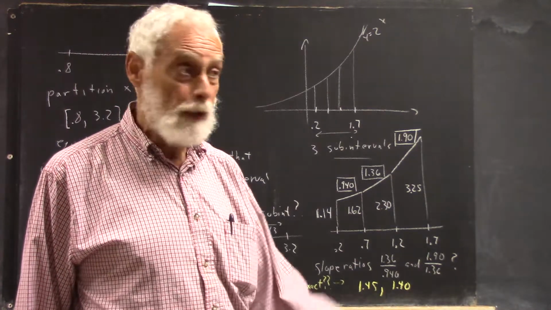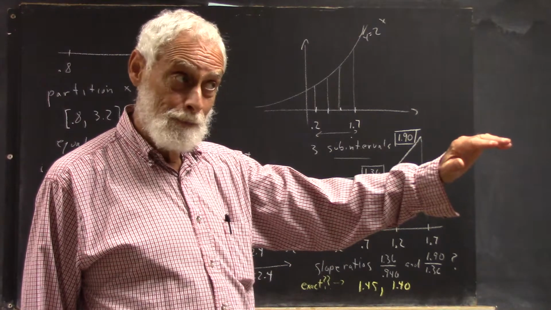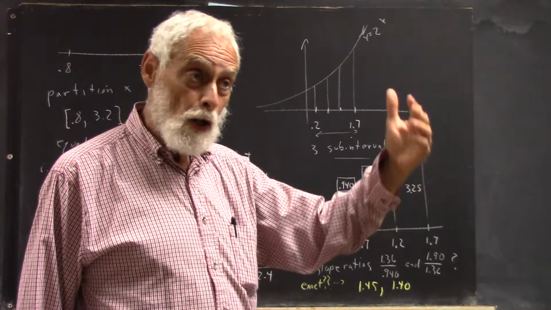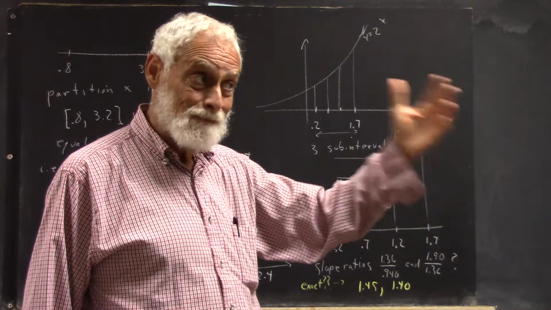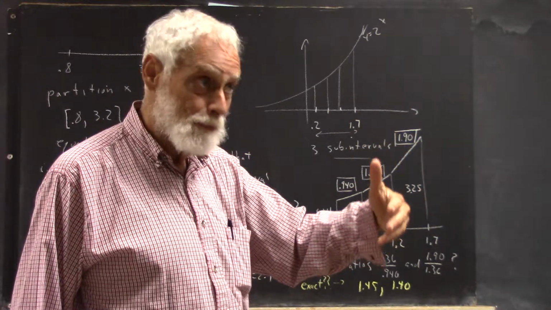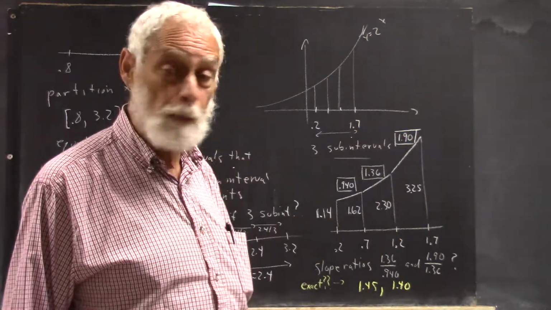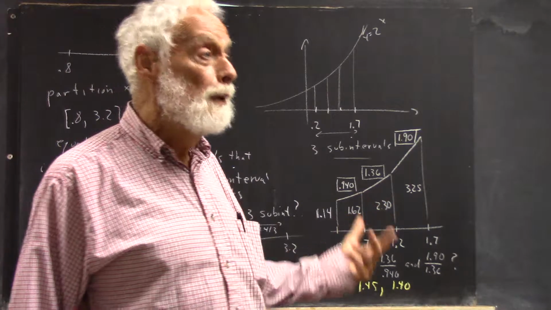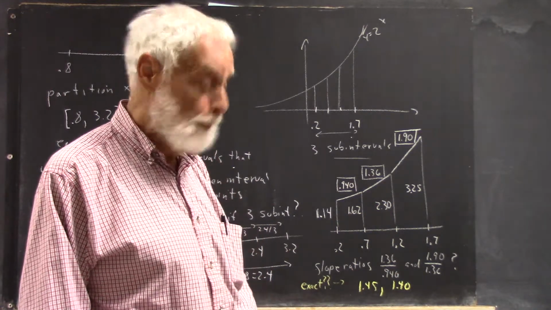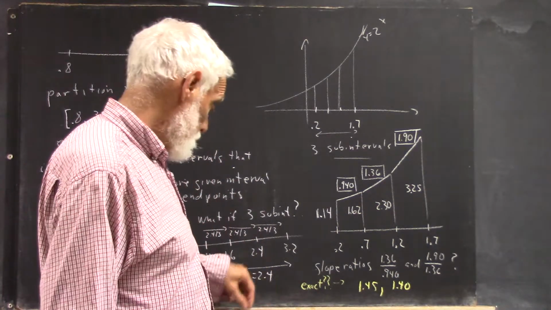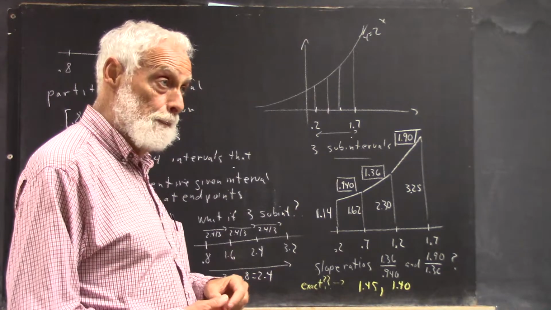So anytime you have a sequence of numbers that are all in the same ratio, you know, the next one's always the same multiple of the one before it, you have exponential behavior. Okay? And that's a great big deal. Okay?